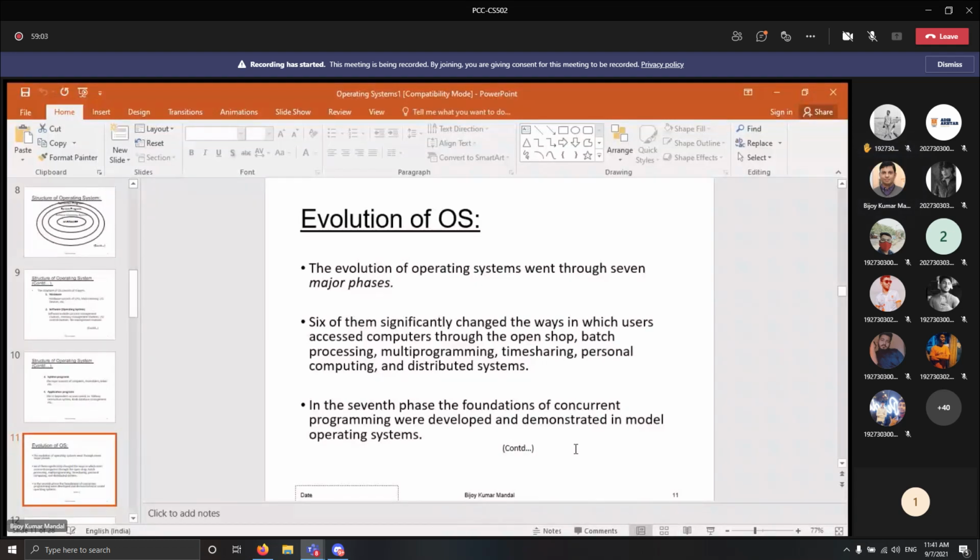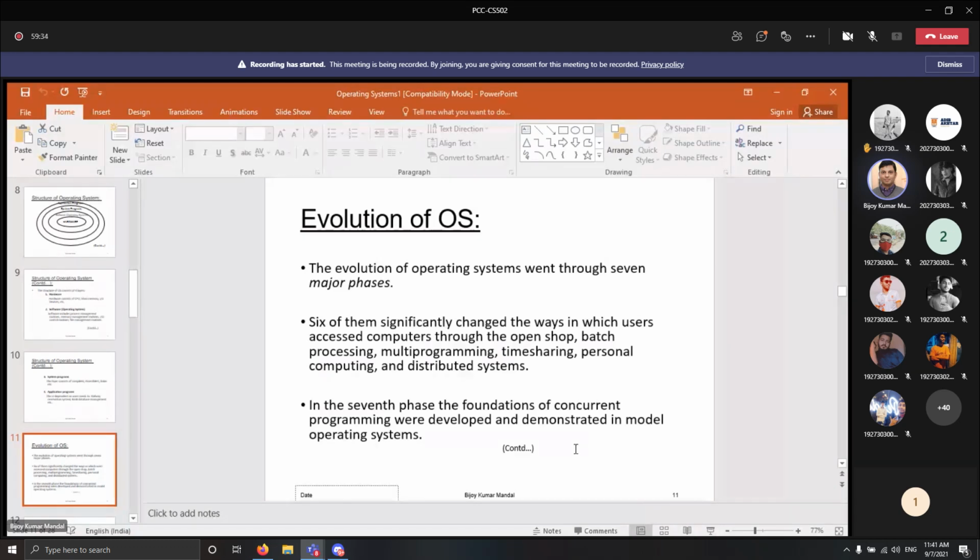Then we have another Windows named Windows NT 3.1, which came in 1993, and the updated version 4.0 came in 1996. Windows 98 came in June 98.